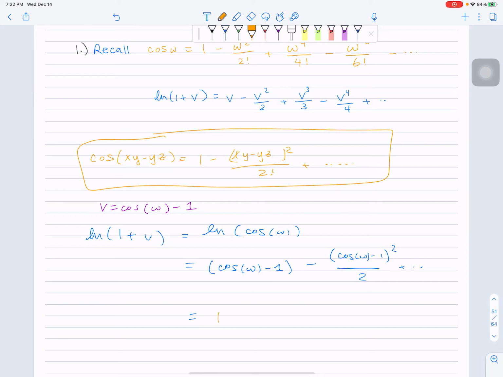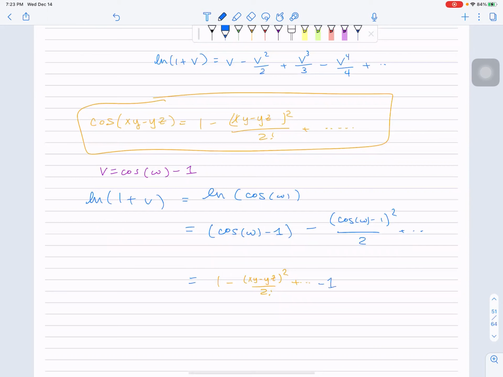Cosine of w is 1 minus this whole weird thing, plus dot dot dot, minus 1. So that's only the first term. Minus, you can do it again, plus dot dot dot. Depending on how high you want to go, you can put things in the trash can or simplify, however you want.